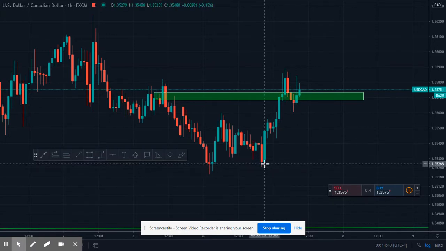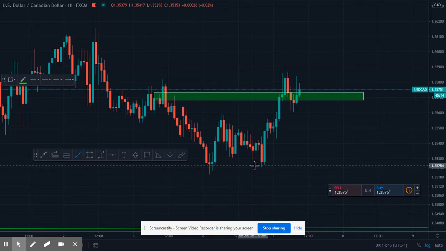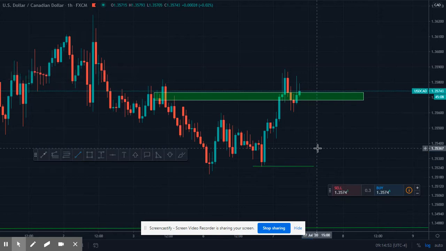Once we found out that it looked like this area is going to be a key area of support, we then started going to the lower time frame. So let me explain that to you guys. A lot of times we like to do our analysis. We start out on the daily. We don't keep going back to the daily because a lot is not going to change on the daily once you do your first analysis.